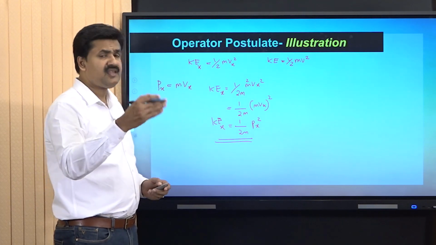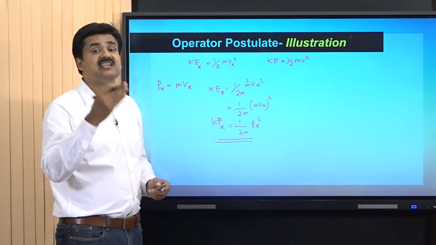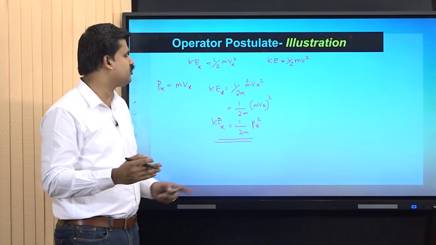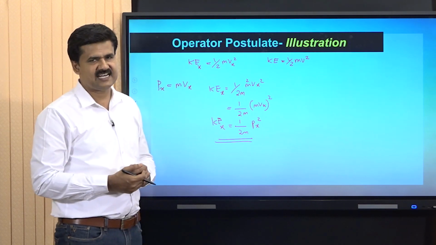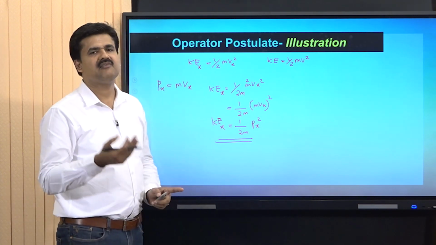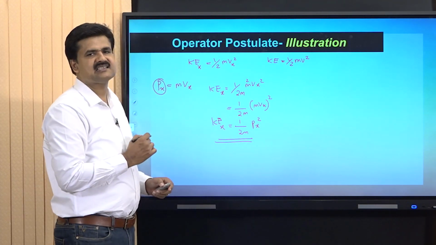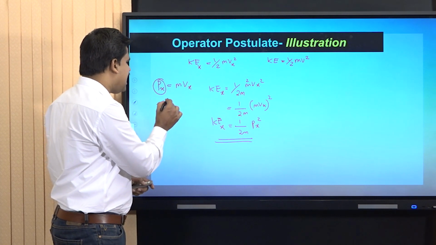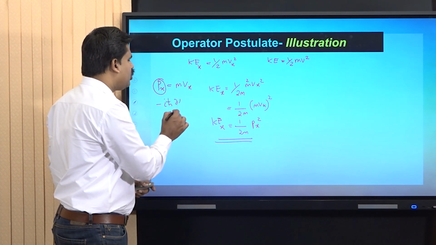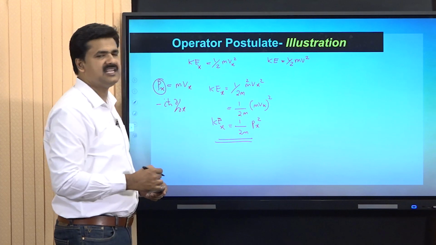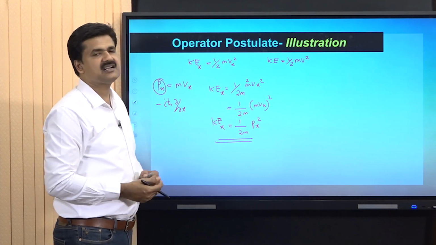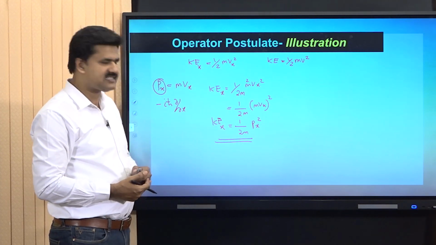Now, we have to get the linear Hermitian operator corresponding to kinetic energy along x direction. To get the operator, what do I have to do? Replace the term Px with minus i h cross dou by dou x. Then we will get the operator corresponding to kinetic energy along x direction.